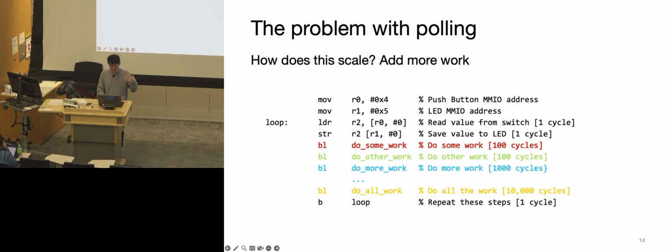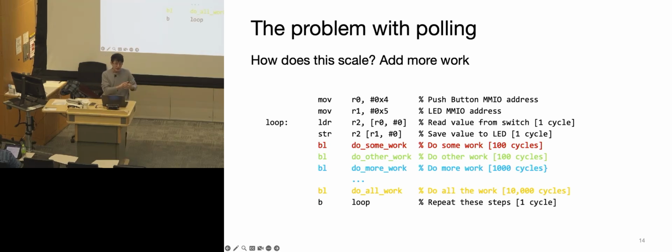But then you start to add a bunch of other stuff, which is much more typical for an embedded system, something a little bit more complicated. Eventually it becomes very unmanageable, and the whole program will have a very, very long latency on any of the event triggering. And we're not even talking about multiple events happening. Then all the latency gets accumulated, and eventually it just doesn't really work.